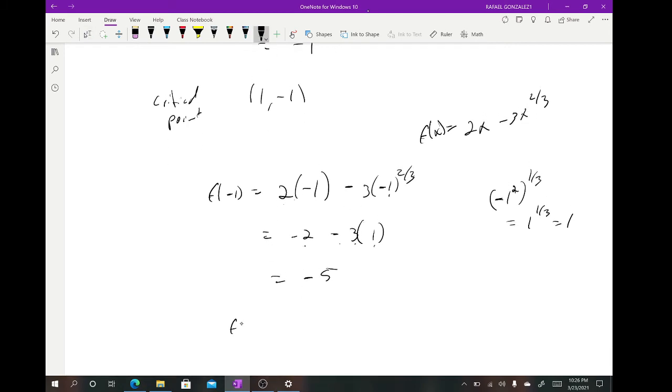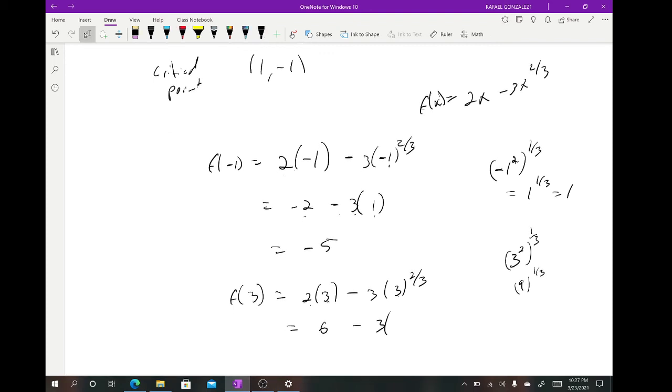And finally, the last value is the last endpoint. The last endpoint is 3. So what is f of 3? Well, that's 2 times 3 minus 3 times 3 to the 2 over 3. Again, that is equal to 2 times 3, that's 6, minus 3. And again, you could do it in this way, where you could do 3 squared, so that's 9, to the 1/3.